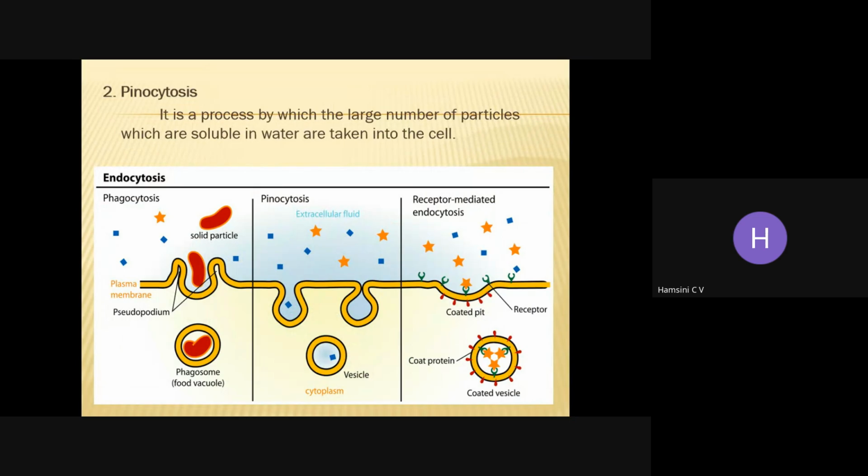These are called receptors. The particles in the extracellular matrix attach to these receptors, form a vesicle, and are taken inside the cell. This is receptor mediated endocytosis.